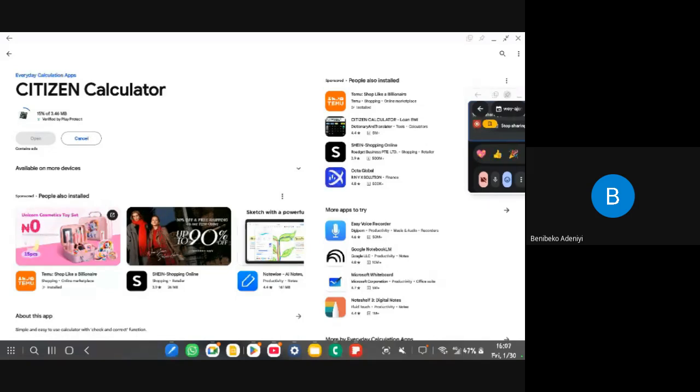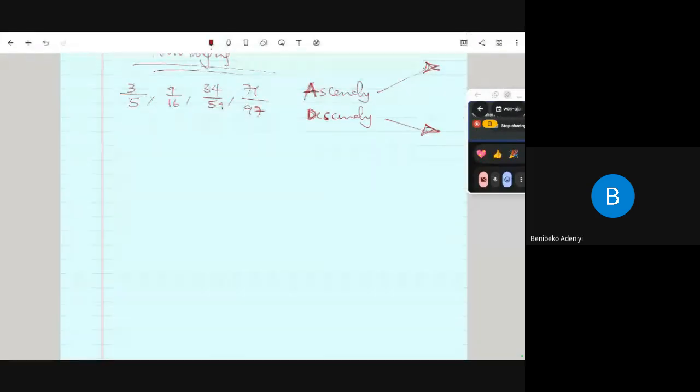Let's come back to class. So if you put all these guys in this thing for me, please let me know. If you have the decimals of these guys, please let me know. Please drop the decimals in the tabs.